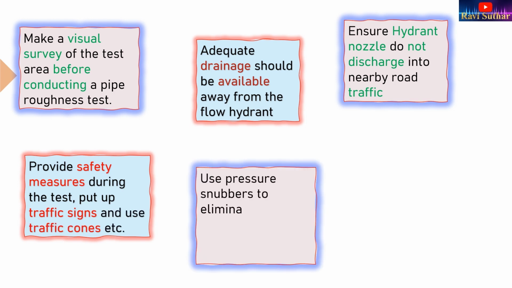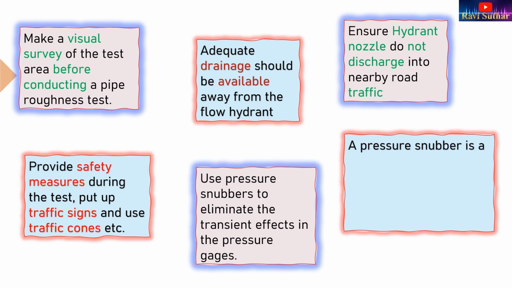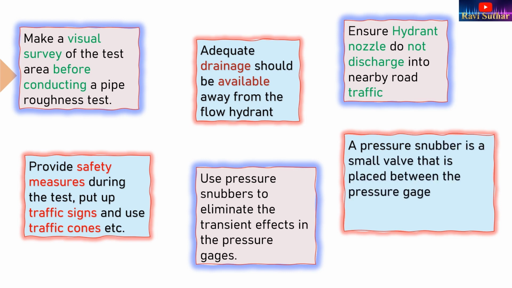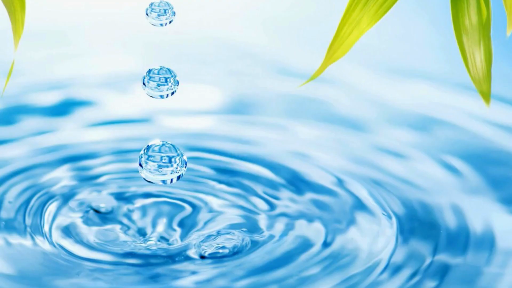Use pressure snubbers to eliminate the transient effect in the pressure gauges. A pressure snubber is a small valve placed between the pressure gauge and the hydrant cap, which acts as a surge inhibitor. I will come again with new topics.